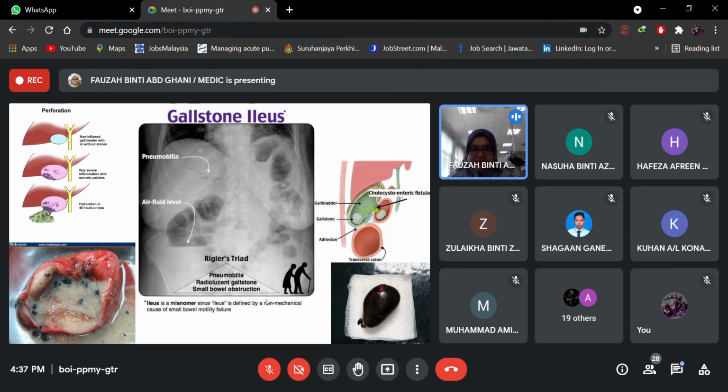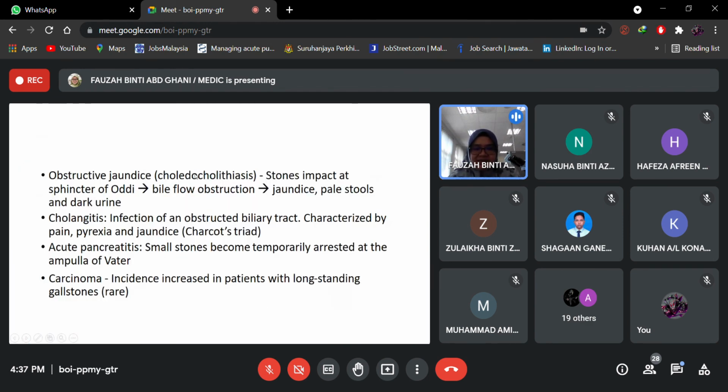The others we mentioned are obstructive jaundice due to choledocholithiasis and stones impacting in the sphincter of Oddi. So you have bile flow obstruction, so you get jaundice. As I hope you know, the features of obstructive jaundice are pale stools and dark urine.